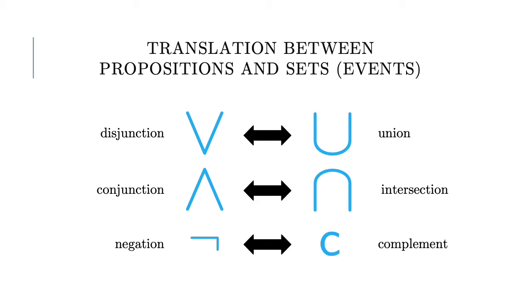Conjunction, and, will map onto intersection, where we look at the intersection of two sets or events. And negation, not, will map onto set complement, where we look at everything that is essentially not in a set or event. This elegant relationship is justified via Stone's representation theorem, which we will not go into here.